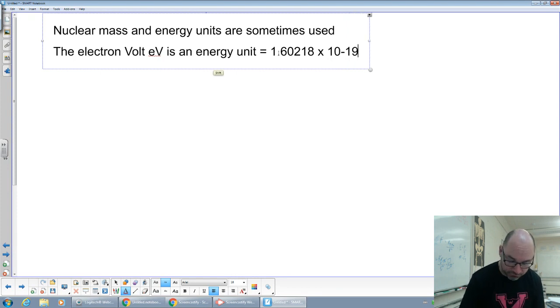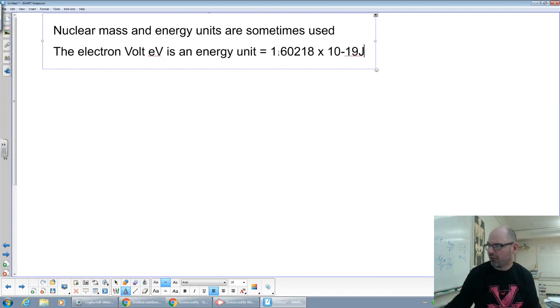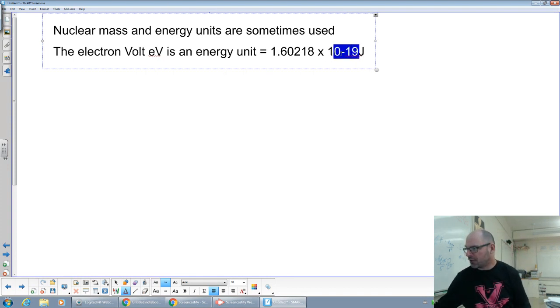That's what an electron volt is. Then they use Einstein's equation and work it backwards to find out what mass you would have if you had 1 electron volt. They work that backwards to get something called an atomic mass unit.